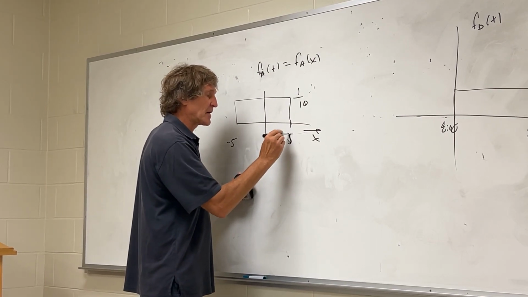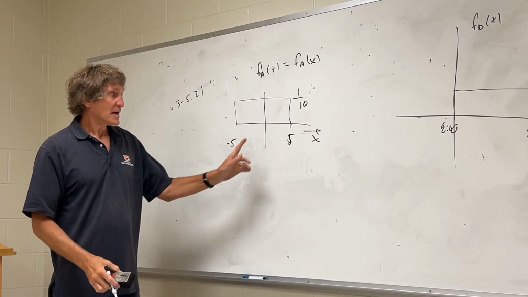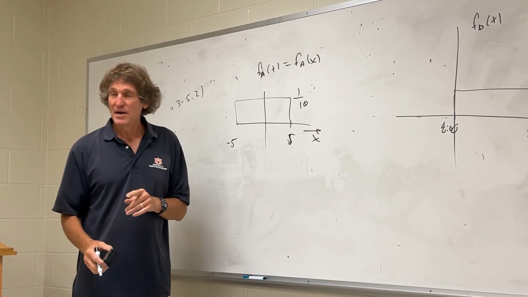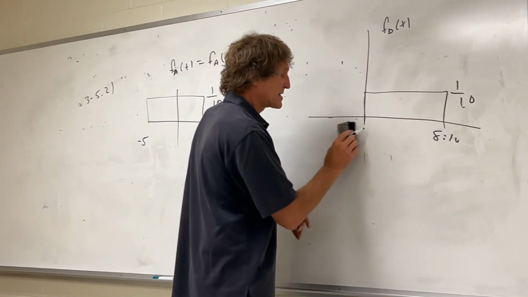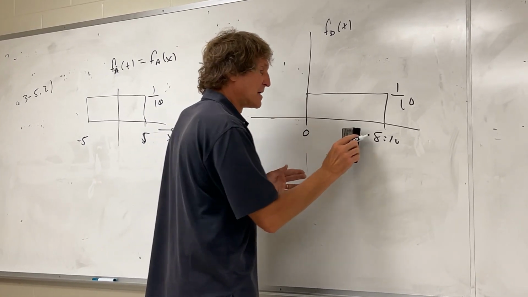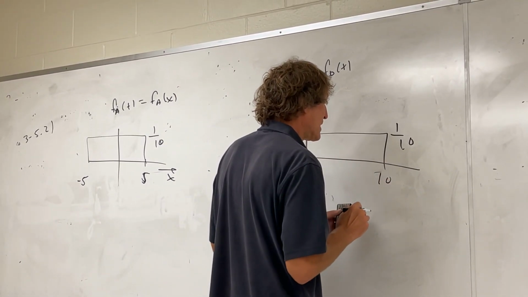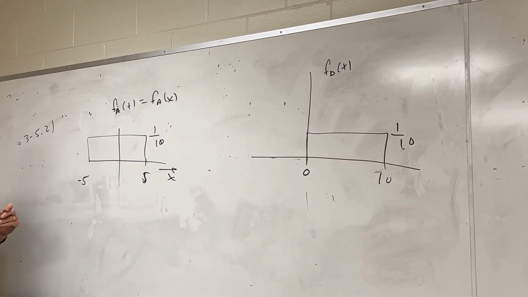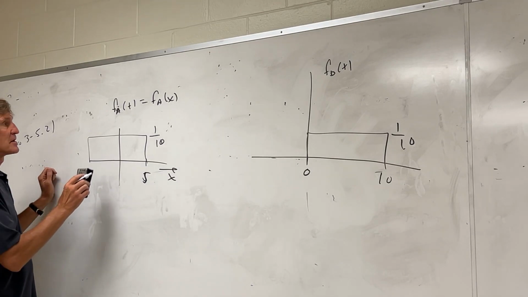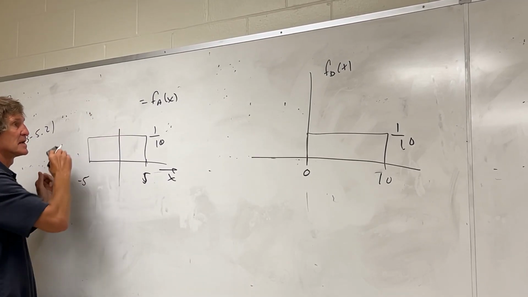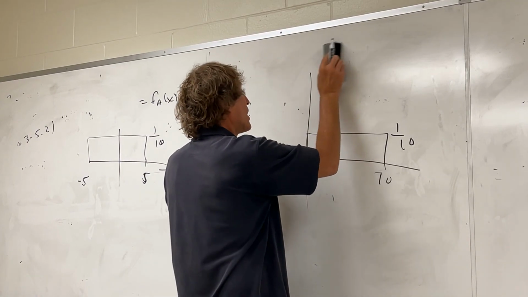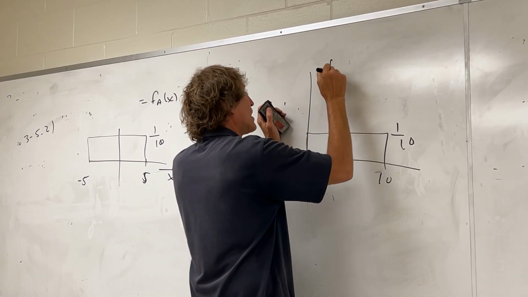And that goes from -5 to 5. At the end of the day, we'll account for the movement by adding 8 o'clock back to everything. You with me, class? Over here, we're going to say this goes from 0 to 10. It's got a height of 1/10. That's f of x. I'm going to call this one f of y versus y.